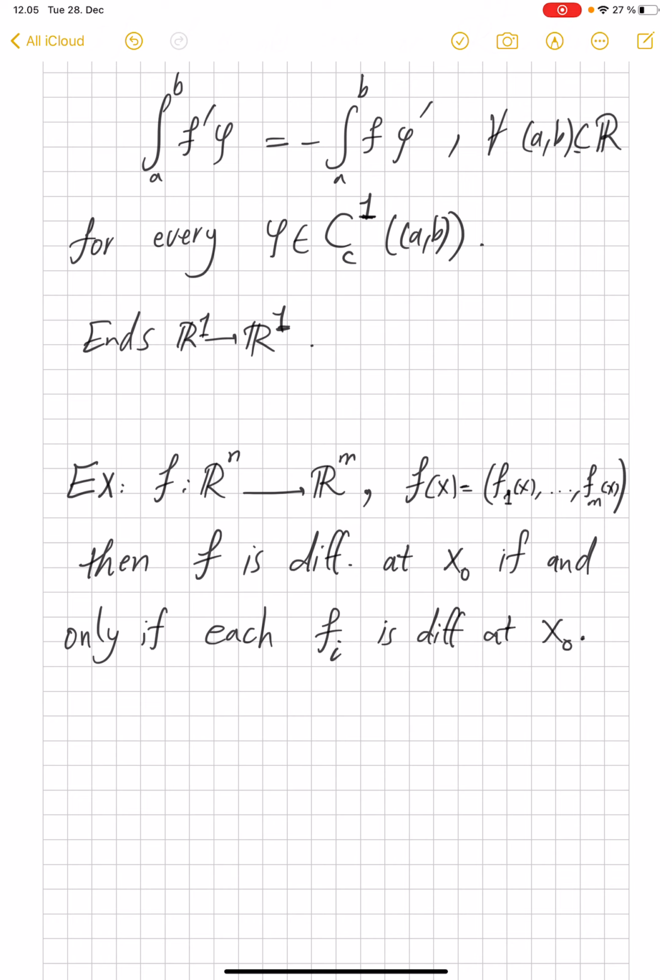So here in this example of Lipschitz functions, each fi also becomes Lipschitz. So by Rademacher, each fi is differentiable except for a null set. Now you remove m many null sets, you still have removed only a null set, and on the complement, your original f is also differentiable.